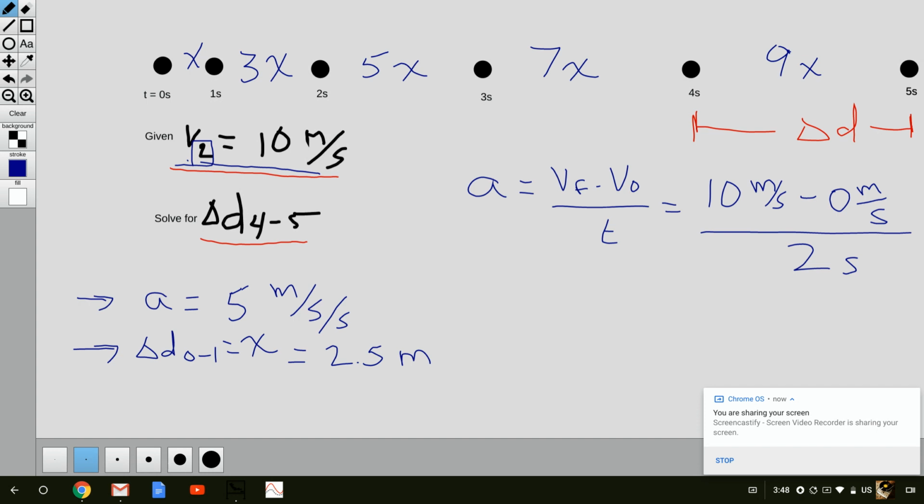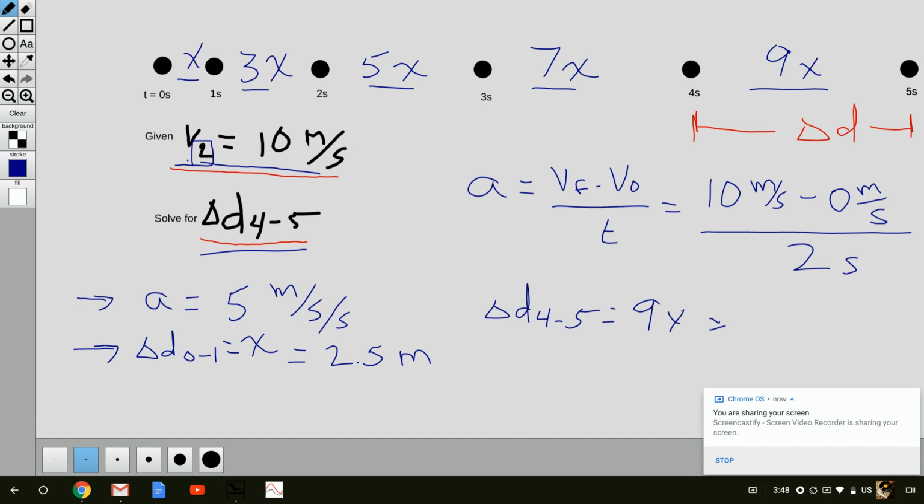So if we go back up to what we've been asked for, we've been asked to solve for the displacement from 4 to 5. Well, because we know the law of odd integers, that it follows this pattern of 1x, 3x, 5x, 7x, and 9x, we know that the displacement from 4 to 5 is equal to 9x.